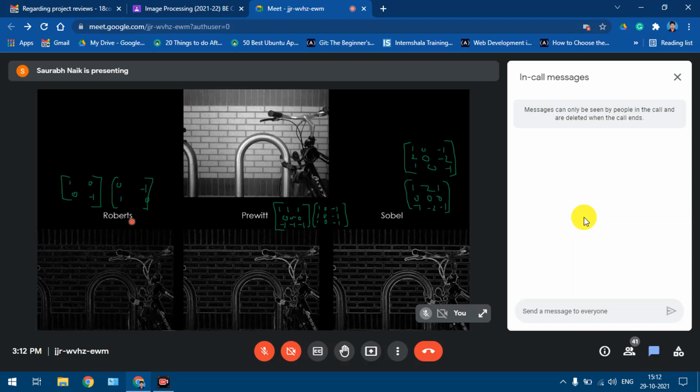So this calculation has to be done in terms of two dimensions. This is your x component and this is your y component. Similarly for Prewitt, this is your x and this is your y, and for Sobel, this is your x and this is your y.